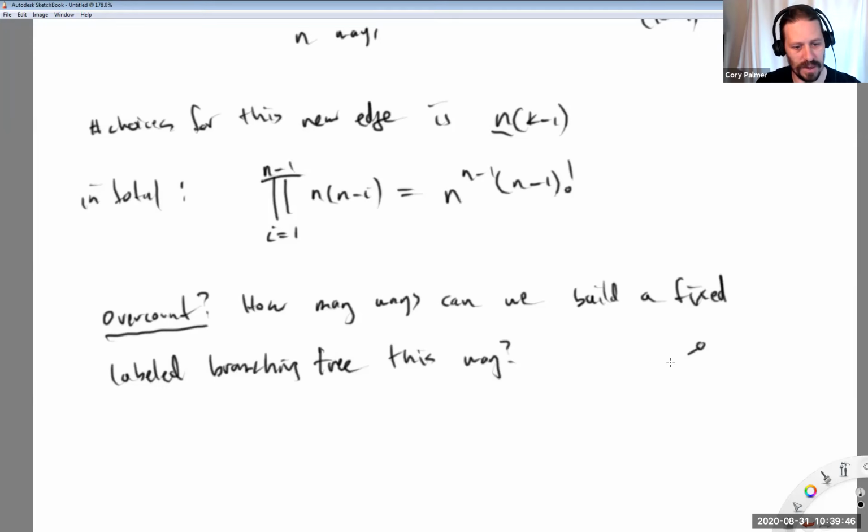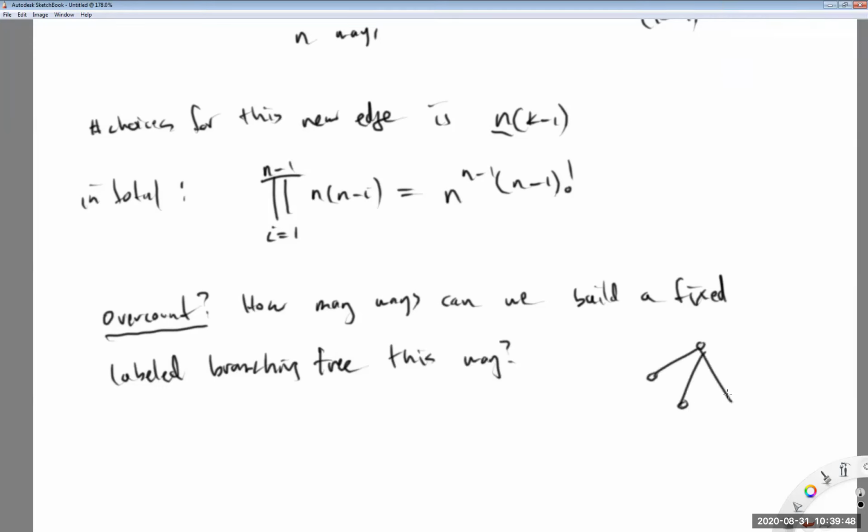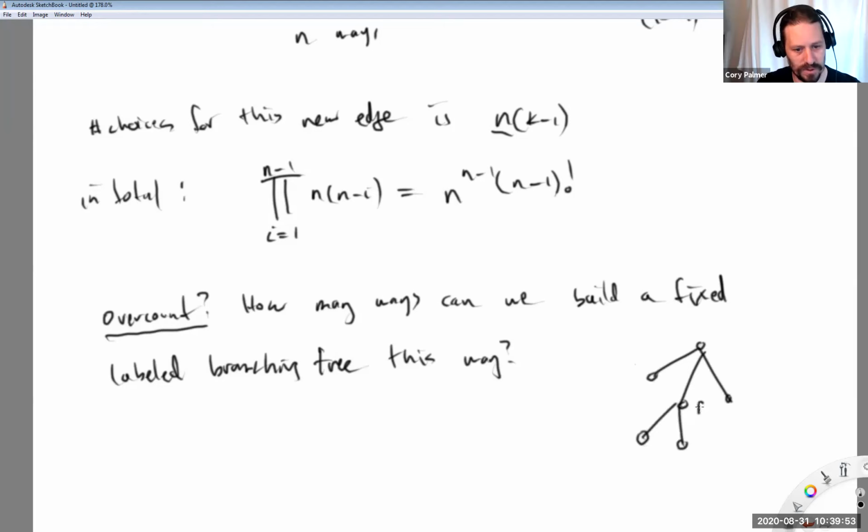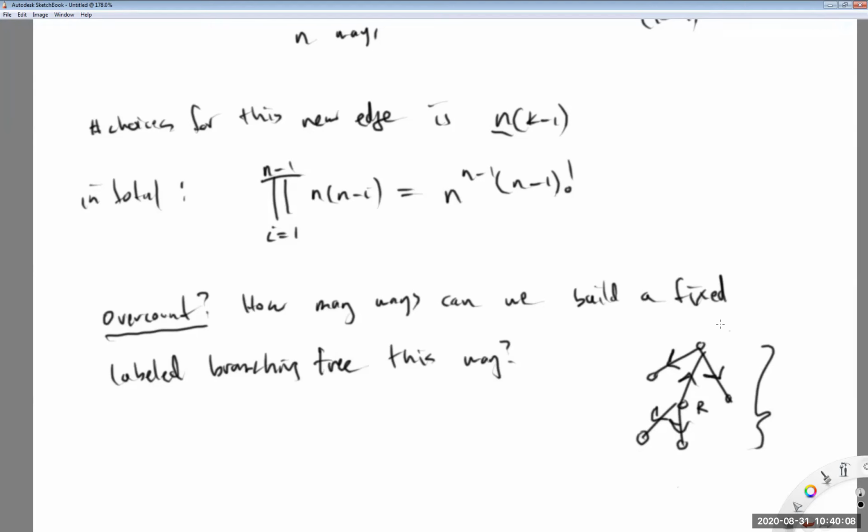So say, just as an example here, that we built up this branching forest that looked like this. Say this was the root, and so these edges are oriented this way. Okay, so say this was the branching forest, and I want to know how many different ways could I have achieved this by following the rule above. Does anybody see the number of ways that you could do this?